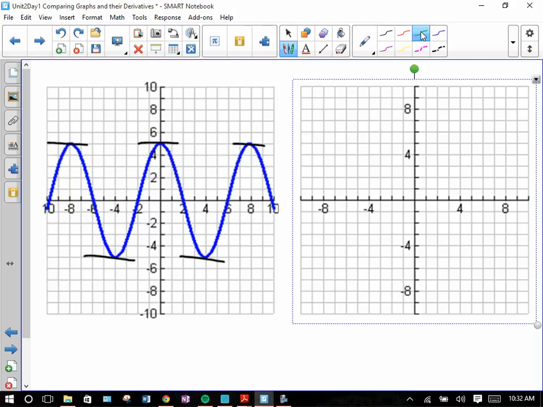Our slope equals 0 at x equals negative 8, x equals -4, x equals 0, x equals 4, and x equals 8. So right off the bat, I know that my first derivative is going to have a slope of 0 at -8, -4, 0, 4, 8.